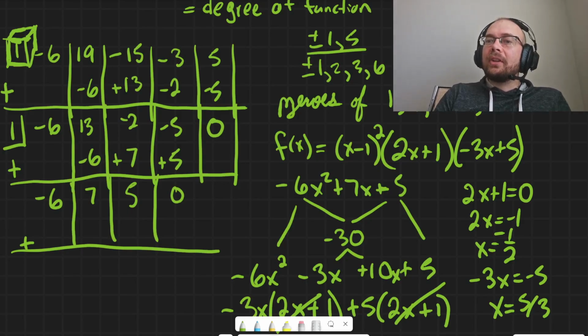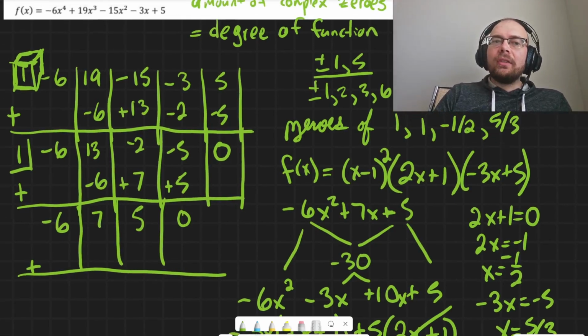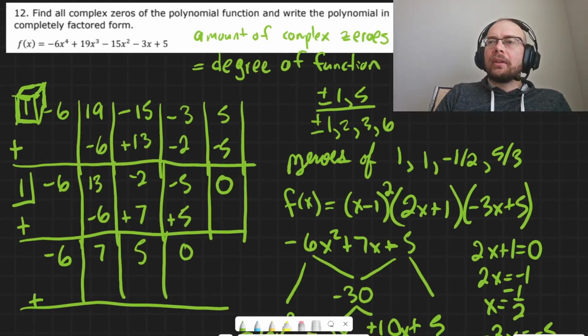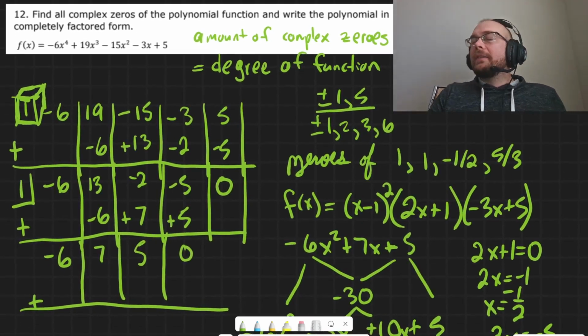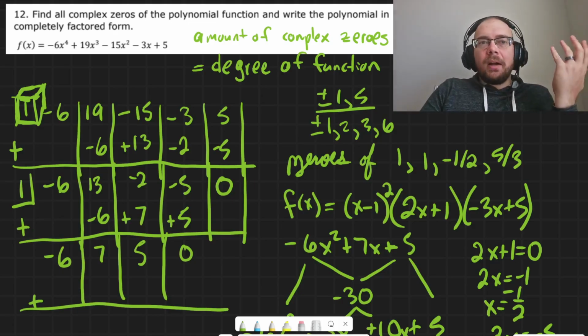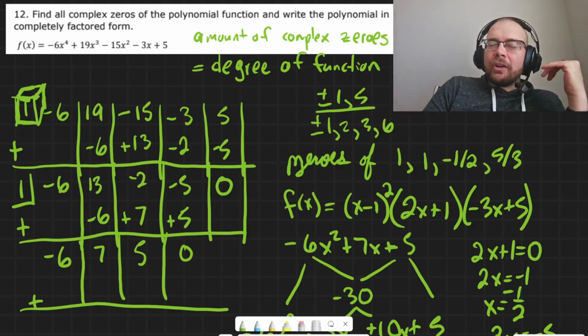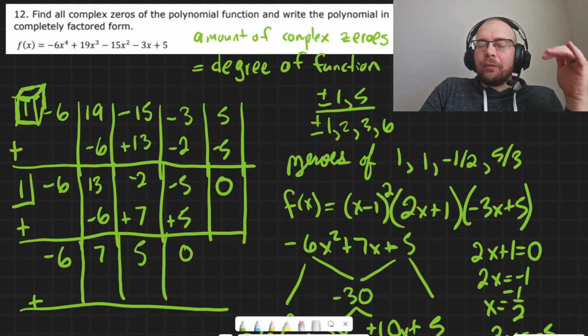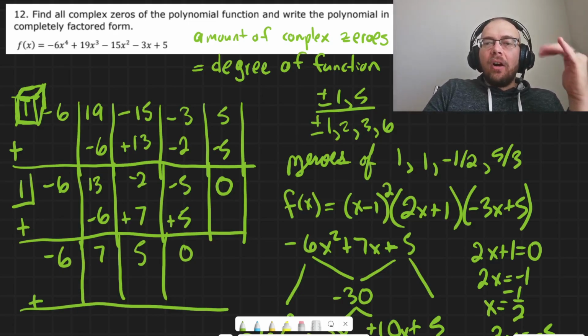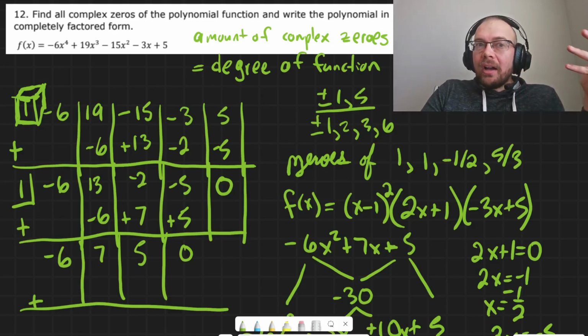So it looks like they're all rational zeros. So I'm going to scroll back up so you can see the question again. It looks like all of the zeros are rational zeros, which means that they're complex. I mean, if they say complex, they're not necessarily looking for i, the square root of negative 1. So technically, all of the numbers that we got for answers are complex numbers.